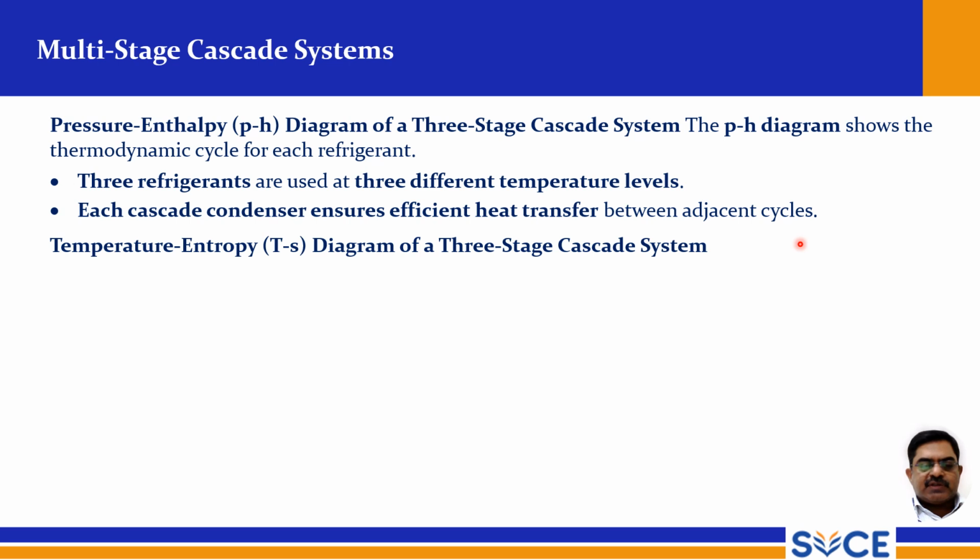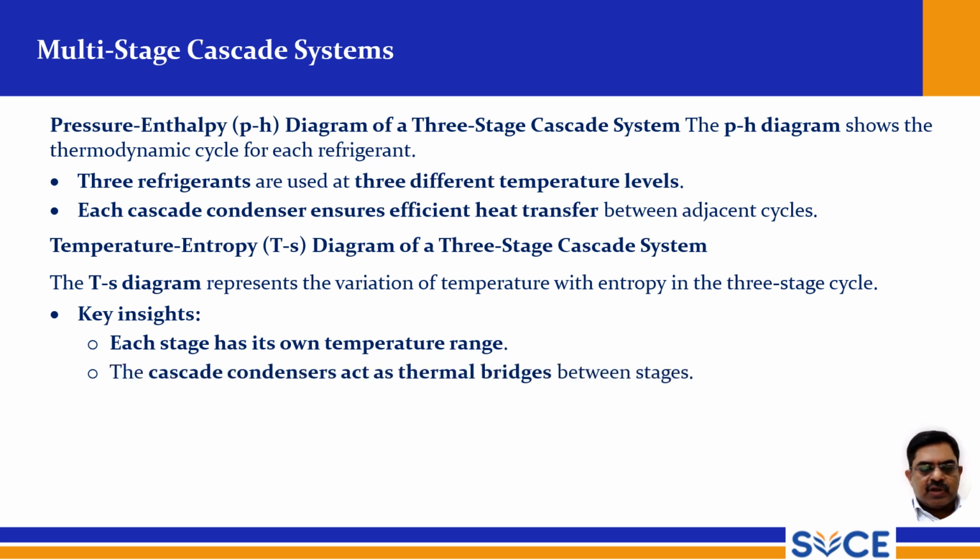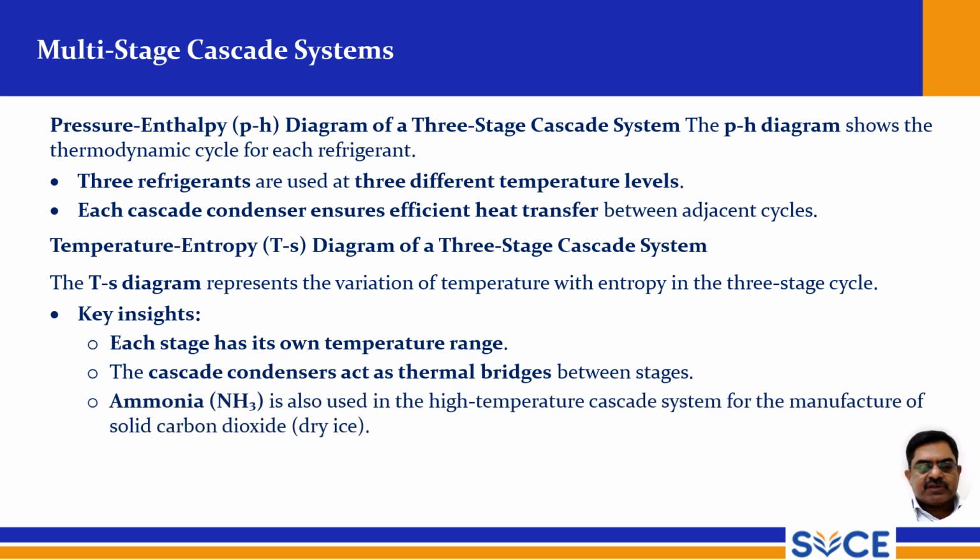The temperature entropy diagram, the TS diagram of the three-stage cascade system, represents the variation of temperature with entropy in the three-stage cycle. The key insights from this are that each stage has its own temperature range, and the cascade condensers act as thermal bridges between stages.